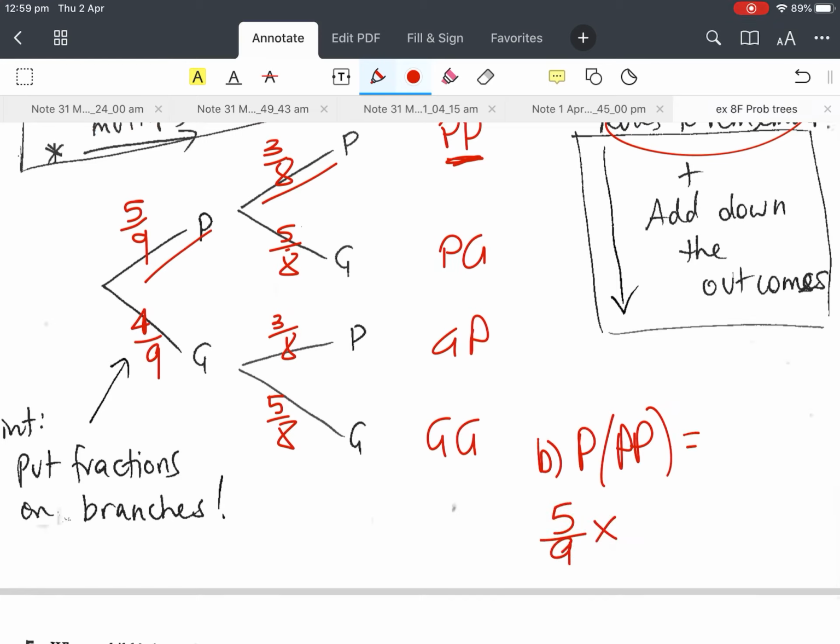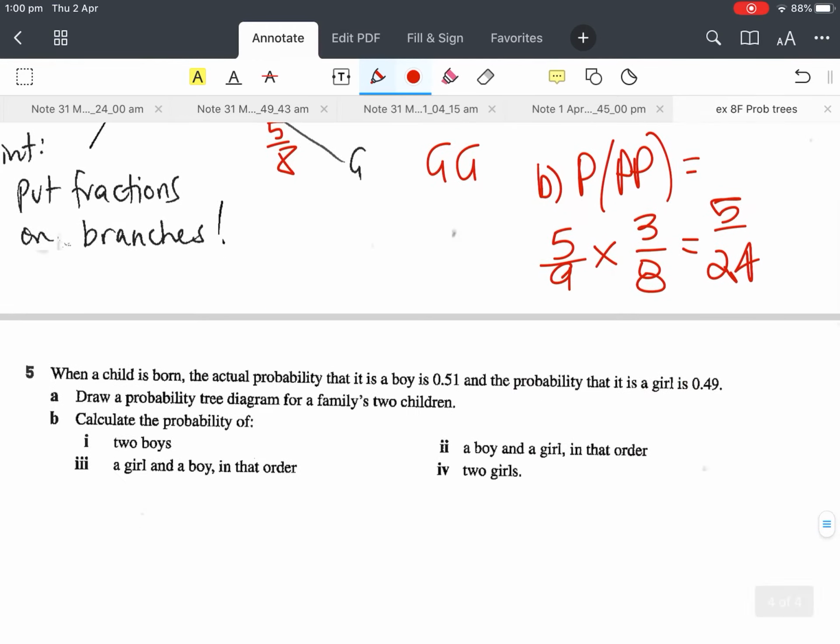Going across the branches, I multiply times 3 over 8. I'm going to do that on my calculator, and I get 5 over 9 times 3 over 8, and that gives me 5 over 24. Calculator reduces it for me. Okay, so there's that one.